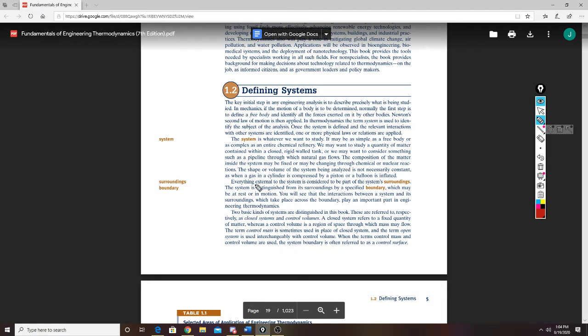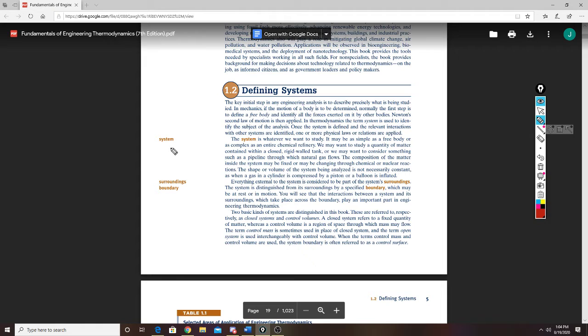All right. So the system is basically whatever we want, right? For example, if we're looking at a piston cylinder, the system is just the piston cylinder. It's just whatever is in front of you, whatever you are analyzing. And then it says everything external to the system can be considered part of the system's surroundings. What that means is outside of the system we are looking at, wherever you decide to draw that line.